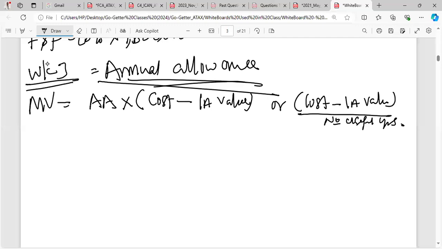So let's do it together. We have 25% multiplied by cost minus initial allowance figure.